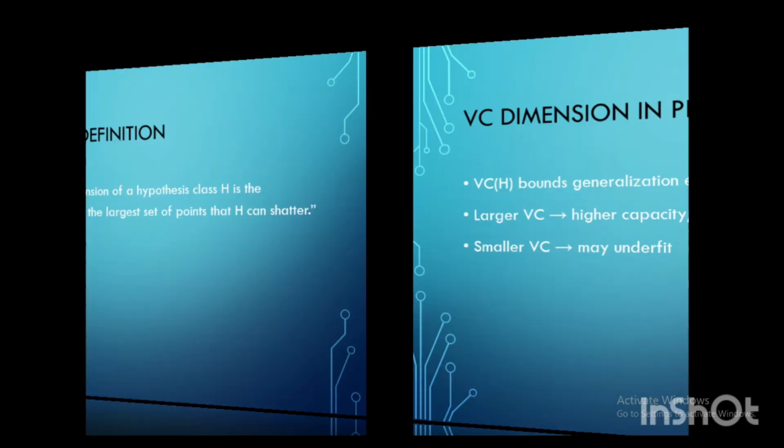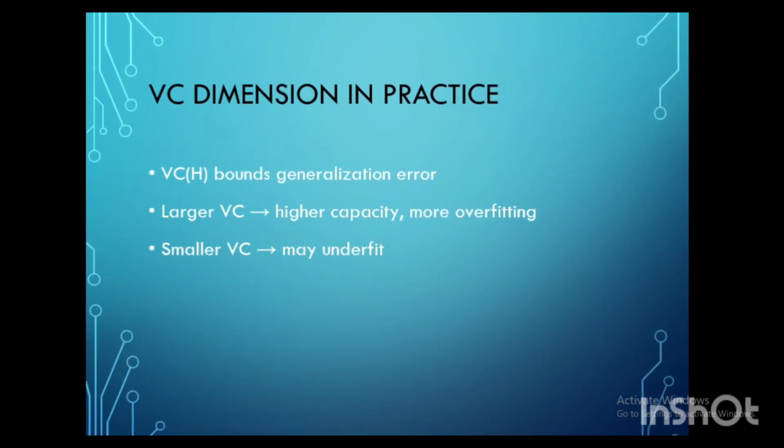Let's go with my seventh slide, which is VC dimension in practice. VC dimension bounds generalization error. Larger VC, higher capacity, more overfitting. Smaller VC means maybe underfitting.